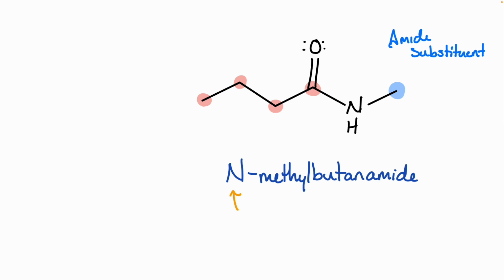So this N indicates the position of the methyl group on that nitrogen. Okay, so we're going to give that methyl group a quote-unquote locant, just like we do before. It's just not going to be a carbon number. It's going to be the letter N to indicate that it's on that nitrogen in our amide.